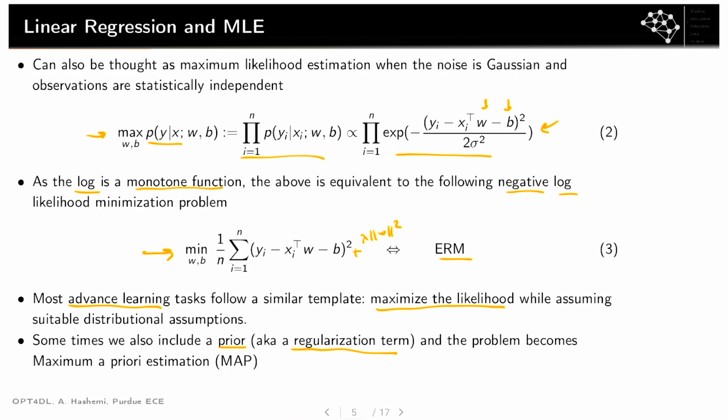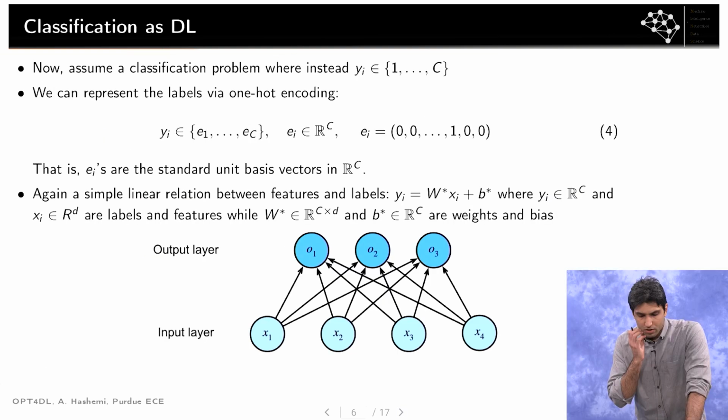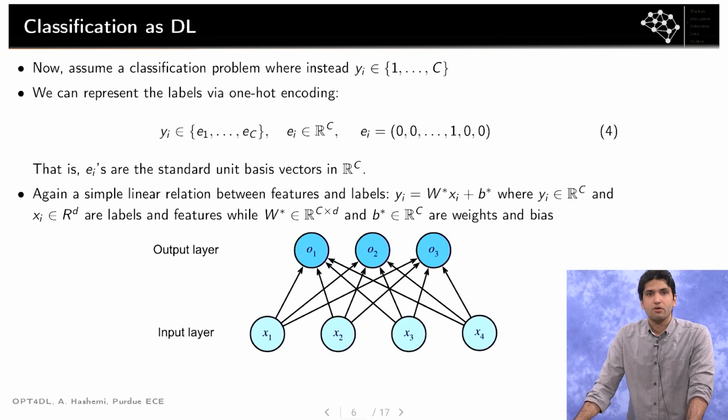Now, after adding this regularization term, or this prior information on our unknowns, the problem is now called maximum a priori estimation, or MAP, as opposed to maximum likelihood estimation. All right. So there you go. When we are talking about a simple regression problem, perhaps the simplest model is a linear regression model.